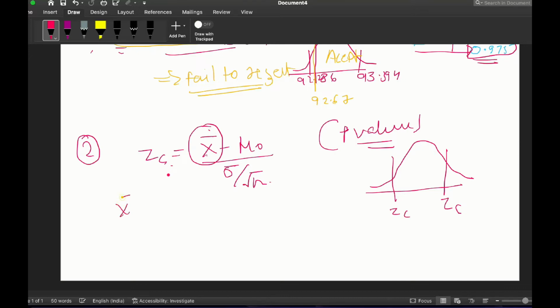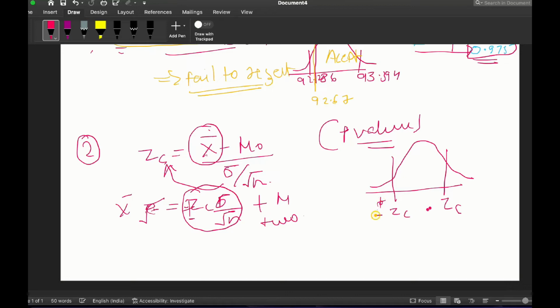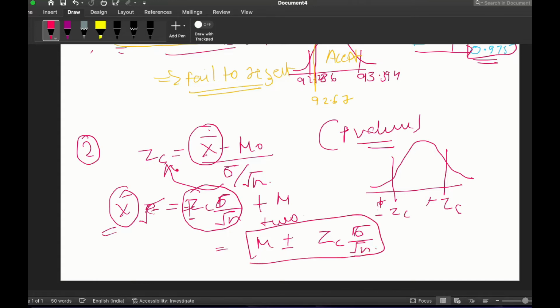We have taken x bar and we multiplied this into sigma, equal to zc into sigma divided by root n plus mu. So the z value will be plus minus in the two-tailed test. It will be minus and plus. So this critical value sample mean will be two values, that will be mu plus minus zc sigma divided by root n. That's what we did in the upper method, but we will use this method and calculate again the critical value.